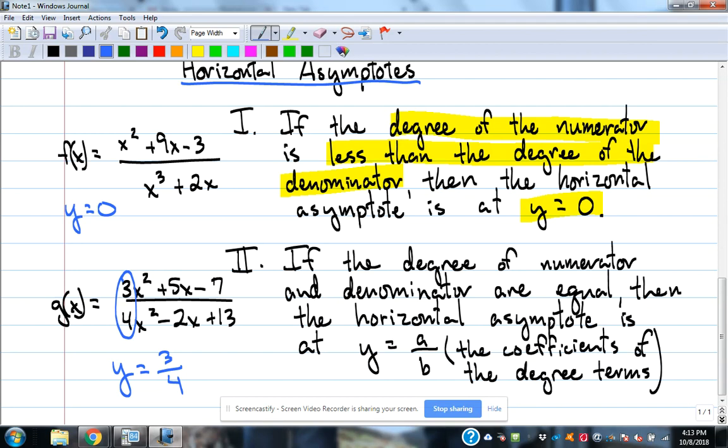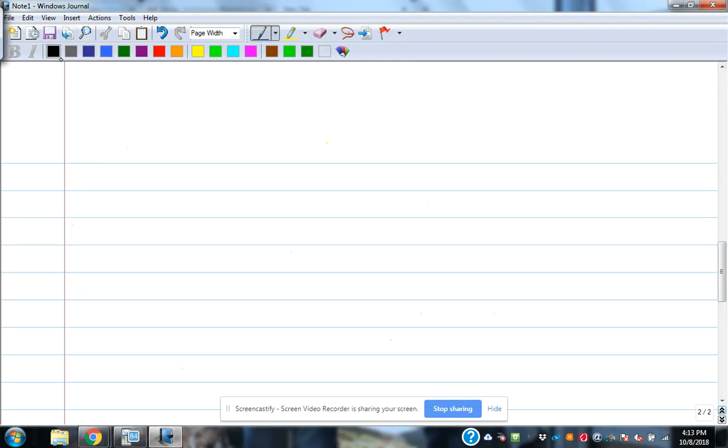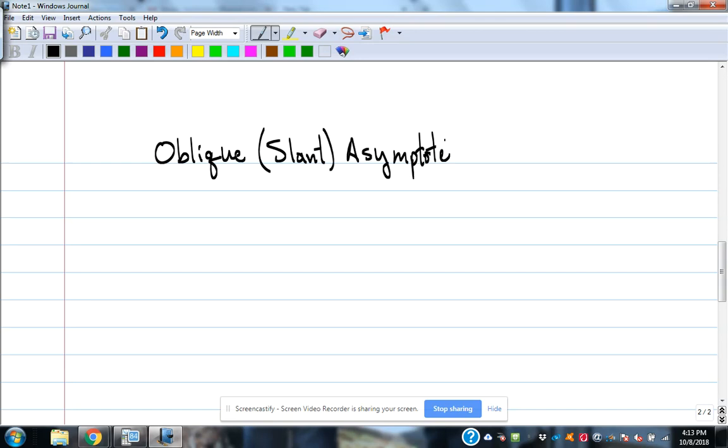When you're dealing with asymptotes, vertical asymptotes can always be there. Horizontal asymptotes, and then the next type, which is called an oblique asymptote, they never exist together. So an oblique, that's the correct word. You may hear me call it a slant asymptote. Obliques and horizontals never exist together.